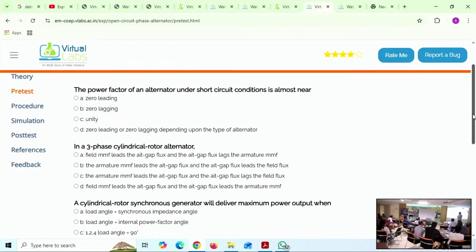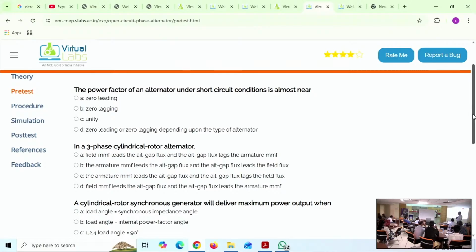If the power factor of an alternator under short circuit condition is almost near what? The alternator is short circuited; he is asking what the power factor would be.